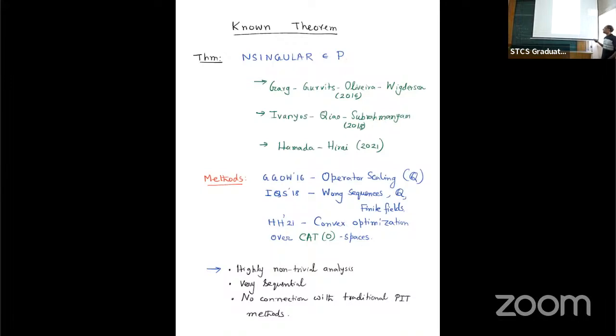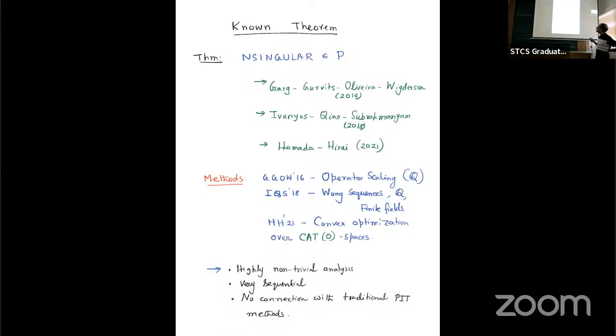Morally, at least very informally, it is like the augmenting path algorithm for bipartite matching, an operator theoretic generalization of that at a very high level. I like to think of it like that. And this algorithm works over Q as well as in finite fields.